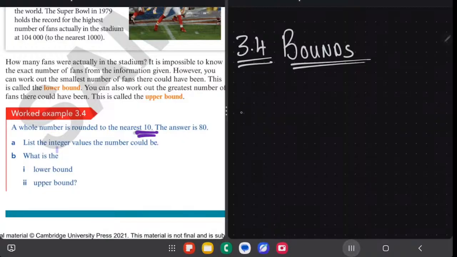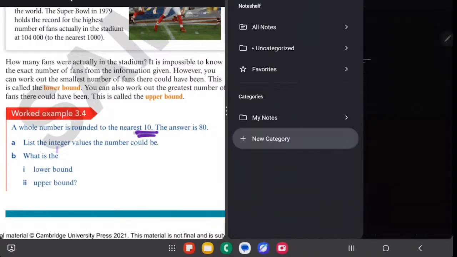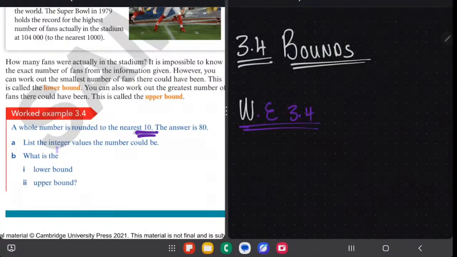So if you're doing the worked example 3.4, you know it's rounded off to the nearest 10. So what do you do with that 10? For percentages we saw you started at 100, you can add or subtract. For here you start with 10 and you divide it by 2. You take that 10, you divide it by 2. Always divide it by 2 so that you can get the value that you need. This is the special value.